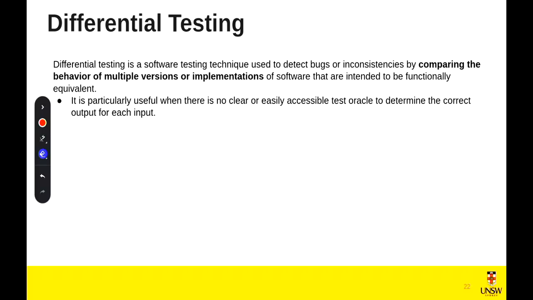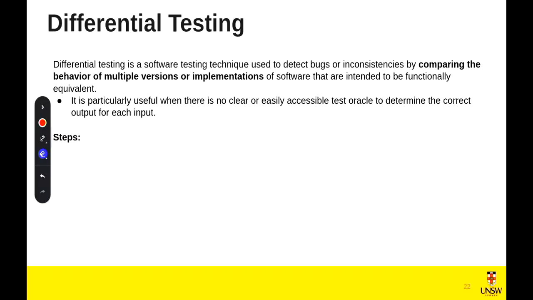Differential testing is to detect bugs or inconsistencies between multiple different implementations or multiple different versions of the same design. And it is very useful if we don't have an existing specified oracle.